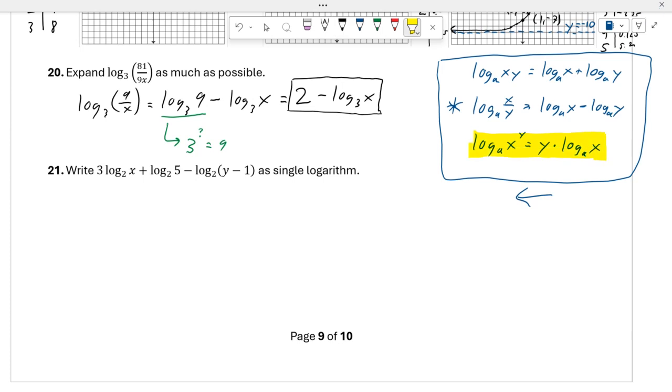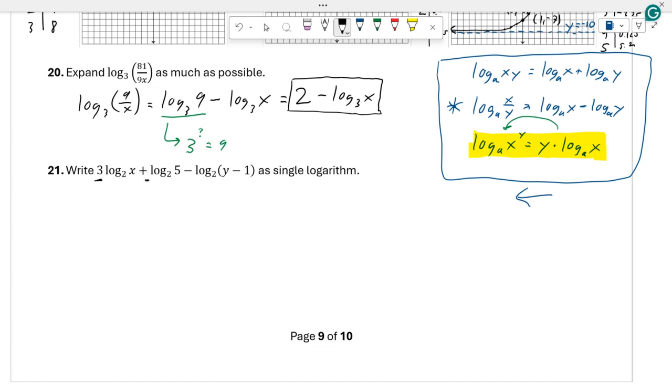We need to apply that rule, again, going from right to left, so going in this direction. Because I can't really combine the logarithms if they've got these different coefficients on them, or maybe I can, but I just don't want to. So, I want to deal with the fact that there's a 3 in front of the first term. I want to deal with that first.